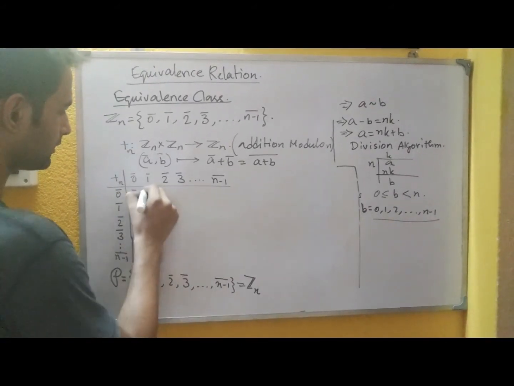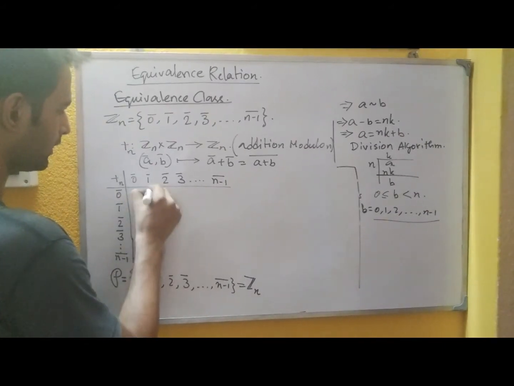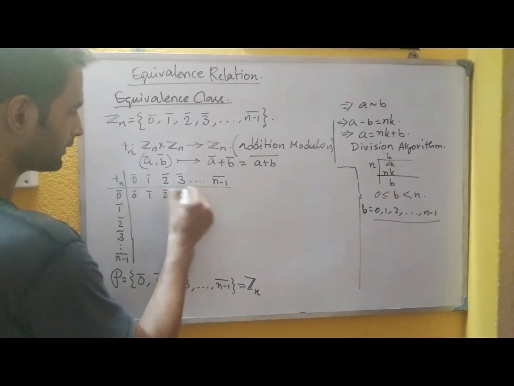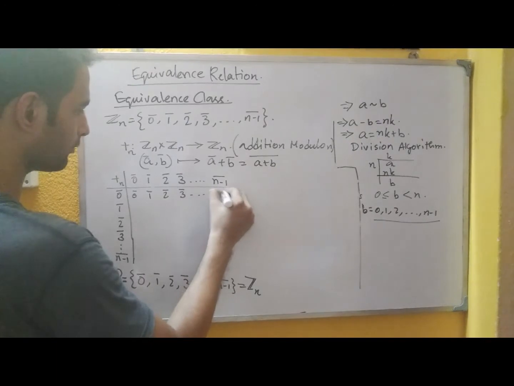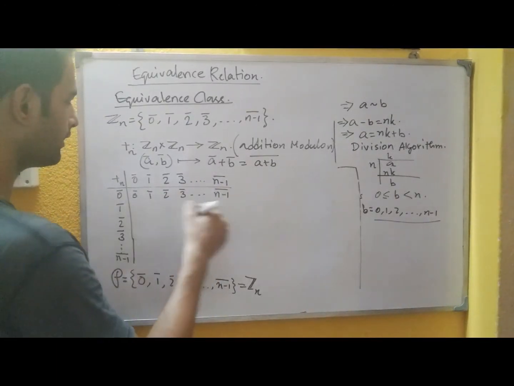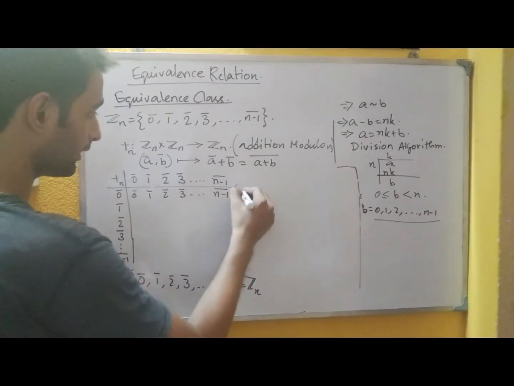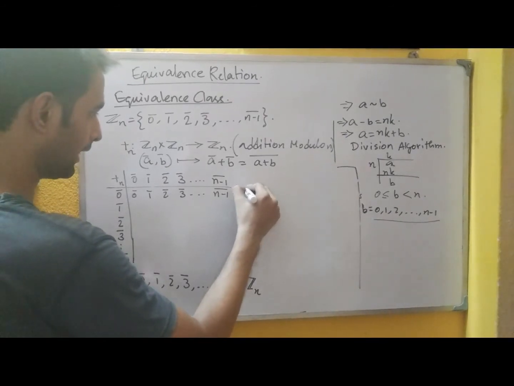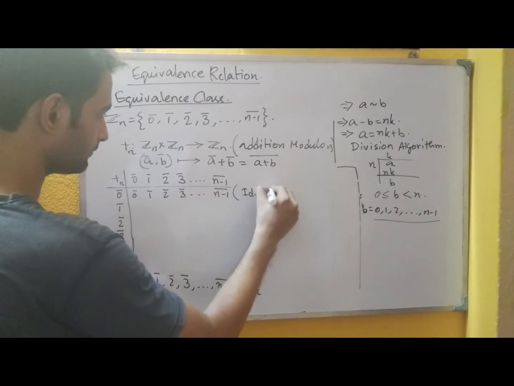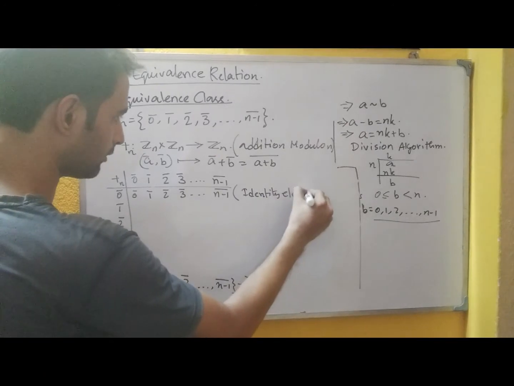Zero plus zero plus is zero plus, zero plus one plus is one plus, two plus, three plus. Here it will be n minus one plus. So the same order is maintained here. So what we have learned, we can say that zero class is the identity element for this operation.